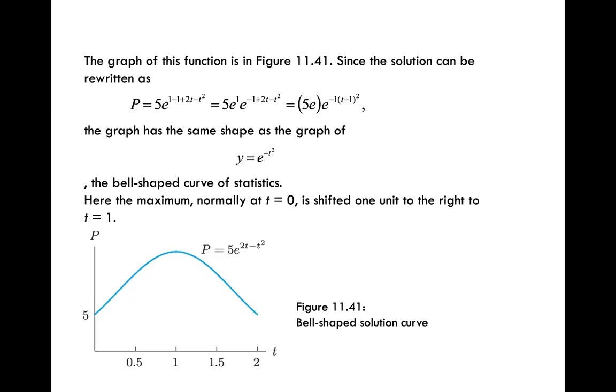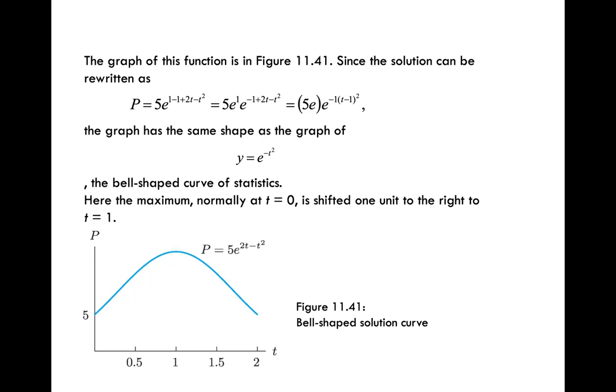So this graph can be provided as it's shown on the bottom of the slide here. It's a bell-shaped solution curve, and you could rewrite it a little bit and show that it looks a little bit like the graph of y equals e to the negative t squared.